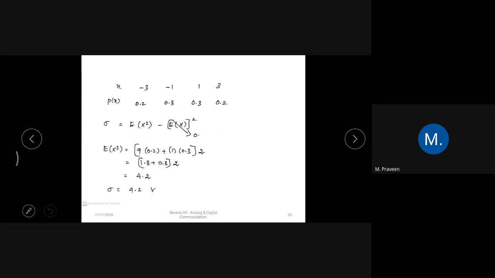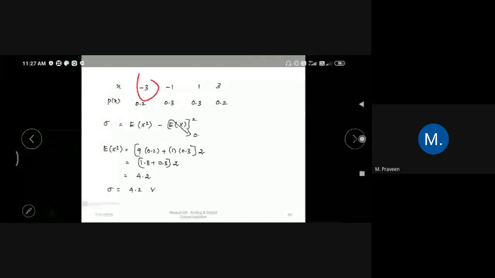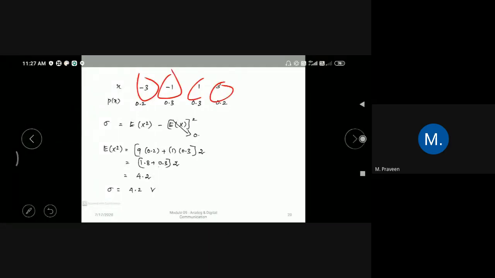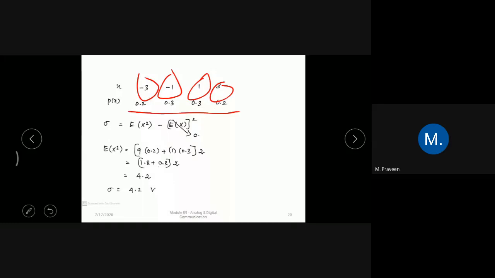E of x squared is the second order moment, E of x is the first order moment, or mean. Since the values are equal, there is a minus 3 here and a plus 3 here, and a minus 1 here and a plus 1 here. So if I calculate the mean value, obviously the result will become 0, and the reason is the probabilities are also equal. Or I can say in other words, it is symmetric.